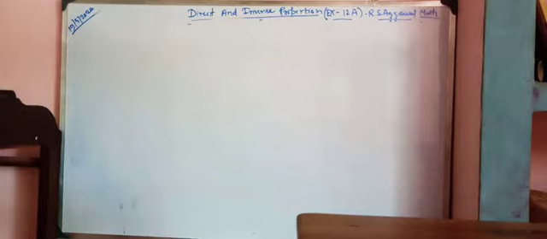So in my previous video I did the class on direct and inverse proportion, and I started the method of direct proportion and inverse proportion. I solved exercise 12a from the R.S. Agarwal math book, fully discussed.